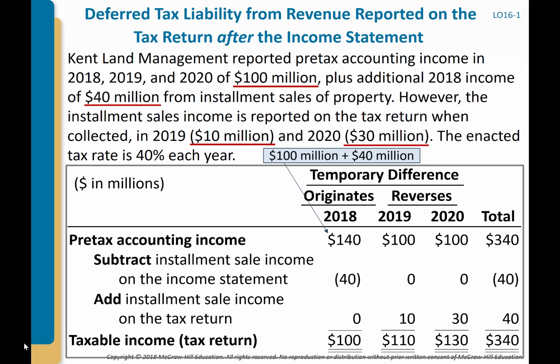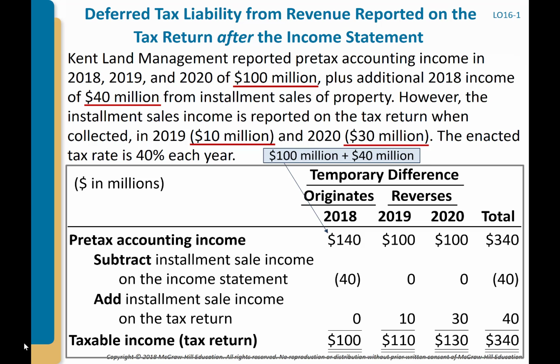However, the installment sale income is reported on the tax return when it's collected: $10 million in 2019, and $30 million in 2020. So what happens? We take a look, and you have the 140 that we reported pre-tax, but for tax purposes, we'll report this 100, because we're going to collect the additional 40, 10 in 2019 and 30 in 2020, in future periods, right?